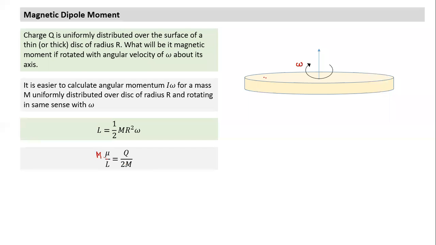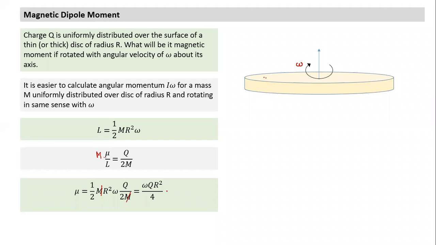Because angular momentum, I can directly use formula for known shapes. So can we get a value of m from here? Pretty simple. M value becomes equal to L into Q by 2m. We substitute value of L is equal to 1 by 2 mr square omega into Q by 2m. So m term gets cancelled, and what I'll be left with? Omega Q r square by 4.